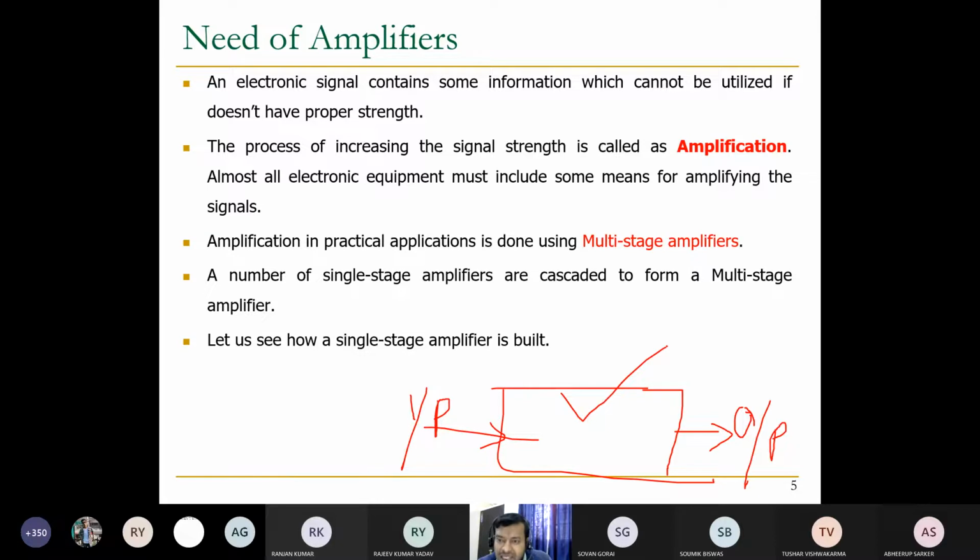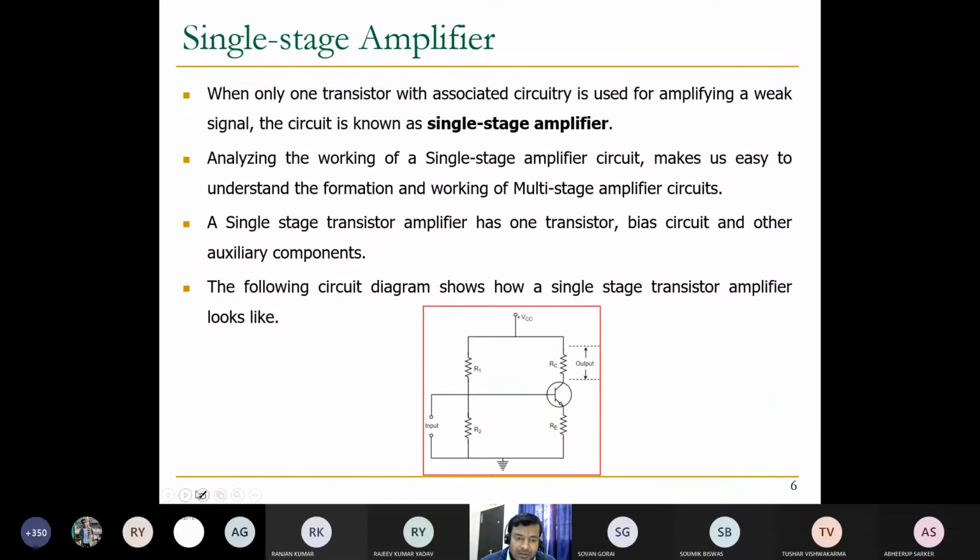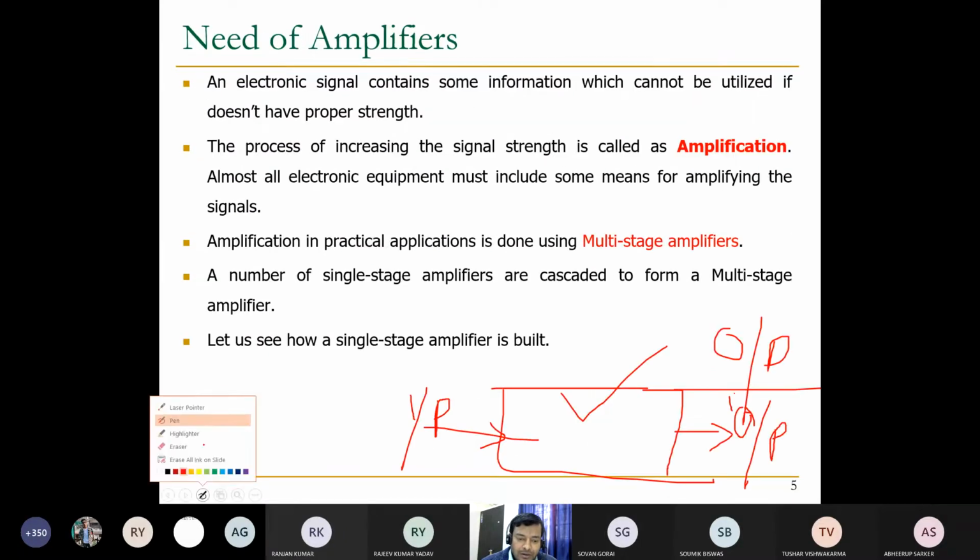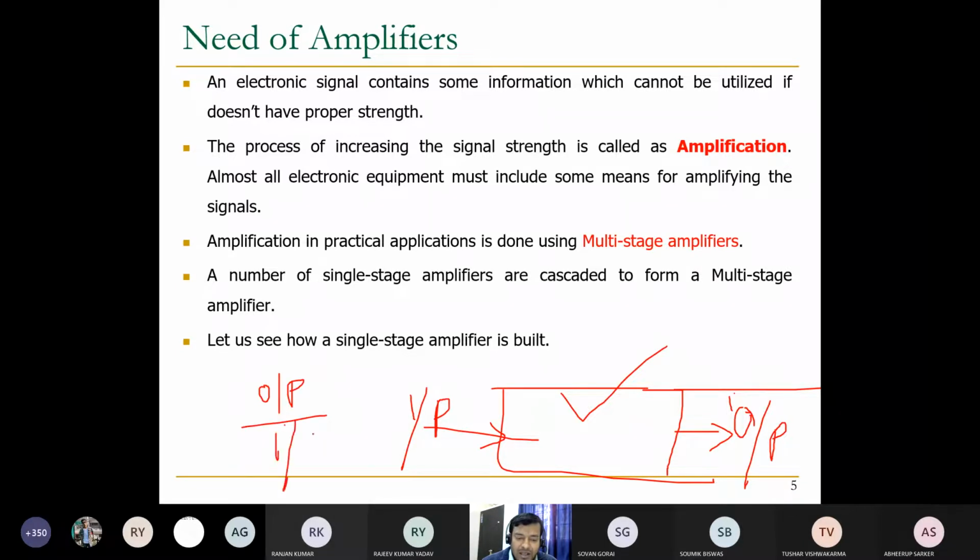And this output signal by input signal is nothing but basically the gain.